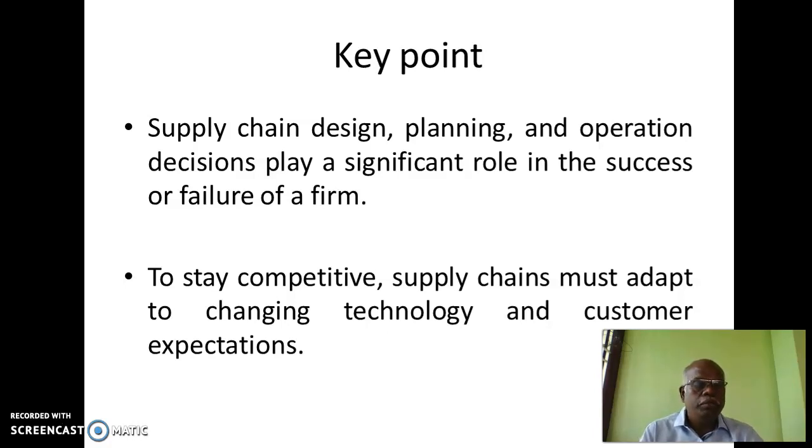So the company should be able to accommodate the different changes taking place in technologies and also the expectation of the consumer, particularly in computers and software, where the changes take place in a very fast manner. So the company should be able to exploit the improvements taking place in the computer field, and also in hardware and software.